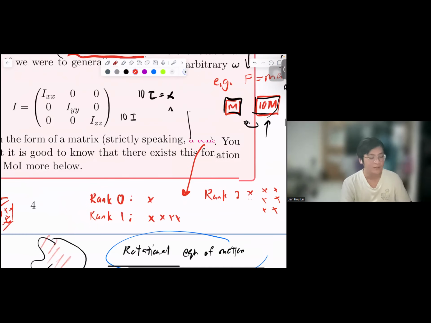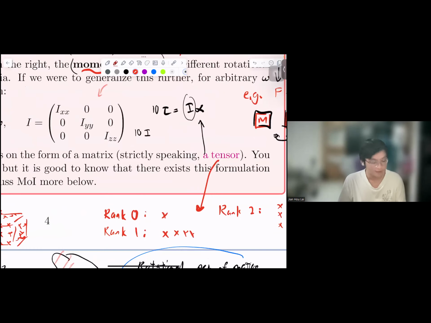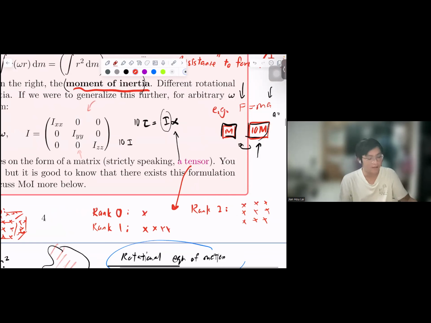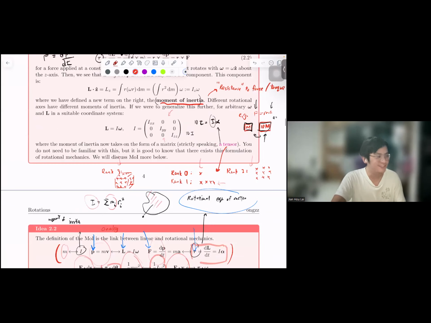Rank 2 is the matrices that appear in the moment of inertia tensor. It's like zero dimension, one dimension, two dimension, three dimension. Rank 0, 1, 2, 3. That's a very brief idea of the tensor.